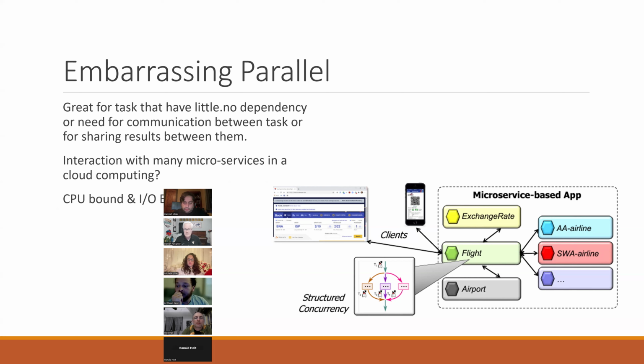Massively parallel, meaning I can put my query in, and I'm going to go hit a whole bunch of different websites to find the correct flight. I don't want to do those sequentially. I want to do those in parallel, right?